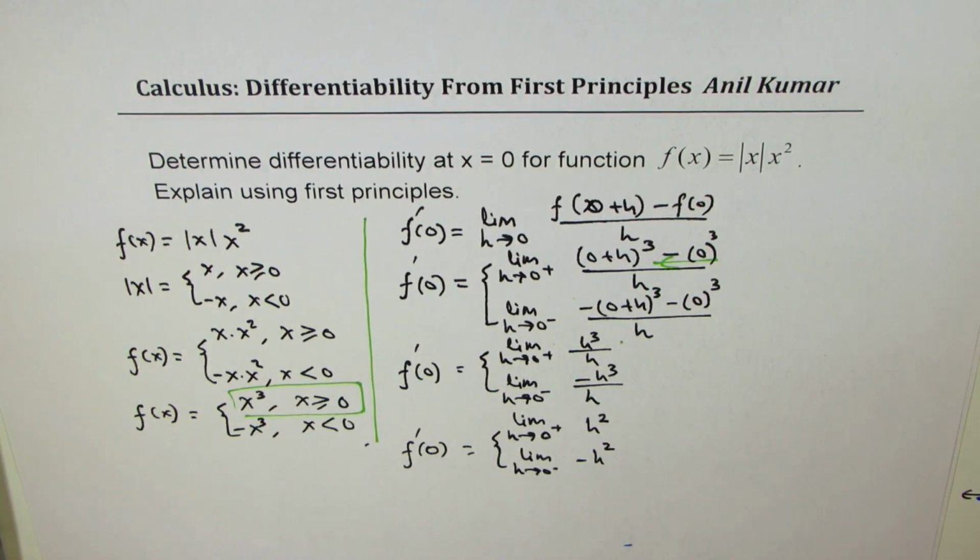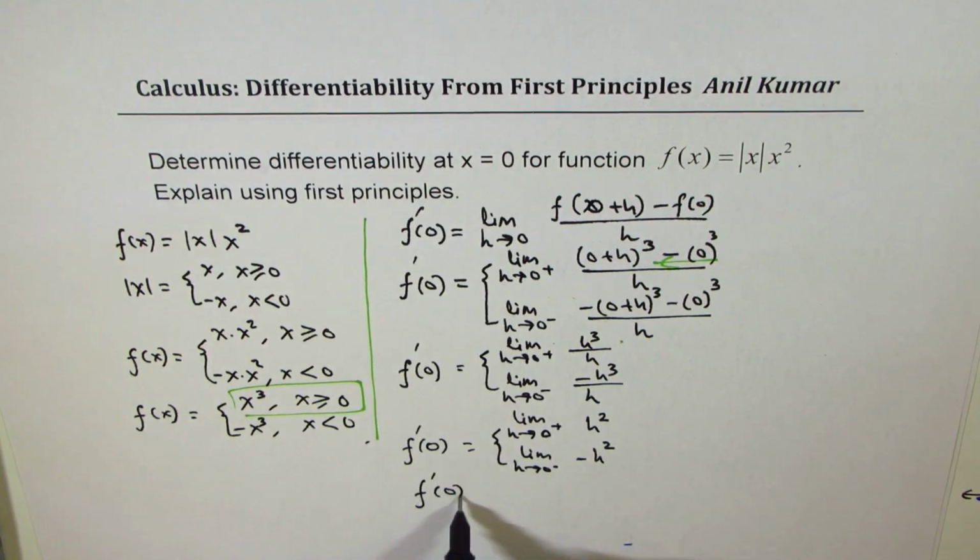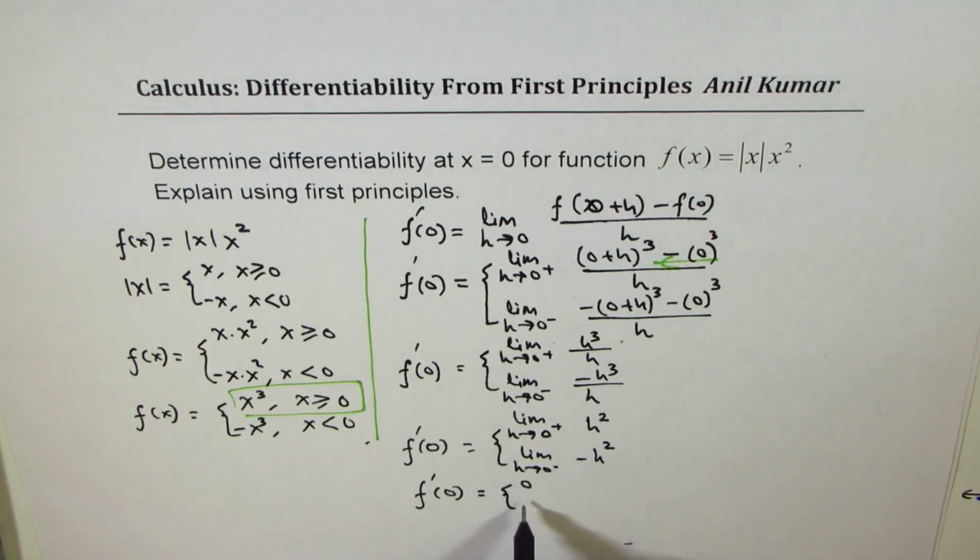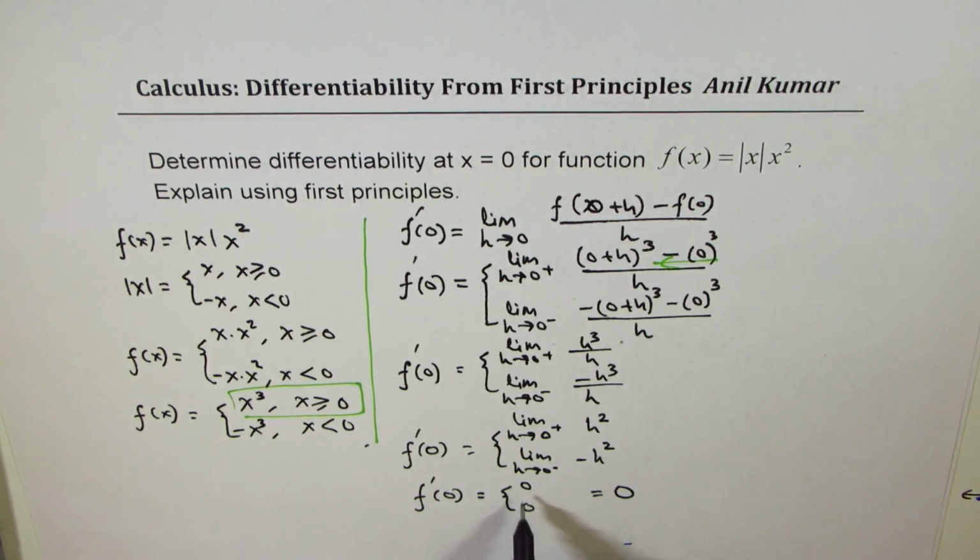Correct. Now if I substitute 0 here, I get 0. Perfect. So what I get basically is that this limit from either side is 0, right? So which is 0, right? When these two side limits are the same, then we say that the function is differentiable.